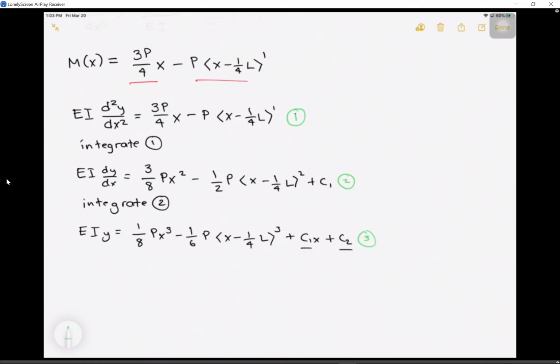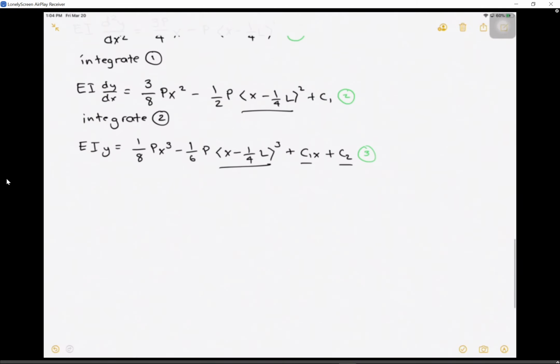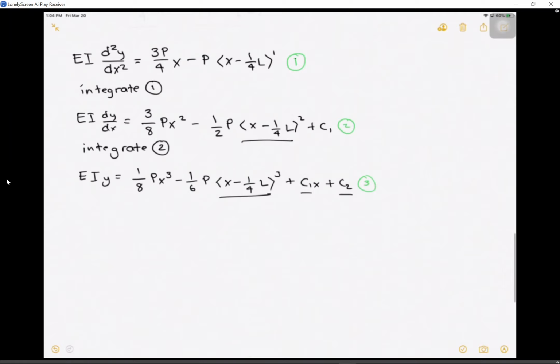Now we have C1 and C2. We can now apply boundary conditions. Again, take note that we integrated these equations by assuming that those are your variables. We can get the values of C1 and C2 by applying boundary conditions.